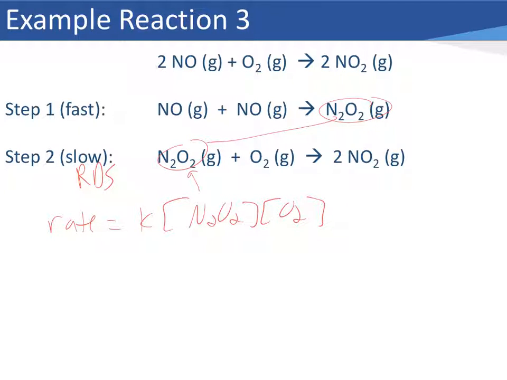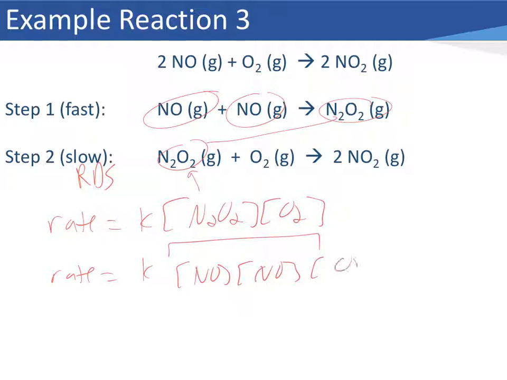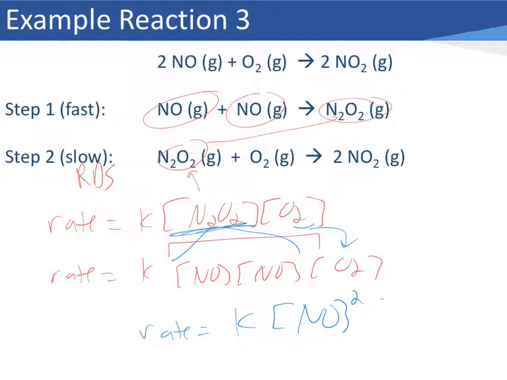So N2O2 comes from the first reaction, where I have NO times NO from the first reaction, times the O2 that stays from the second reaction. So overall, the rate is equal to k times [NO] squared times [O2].